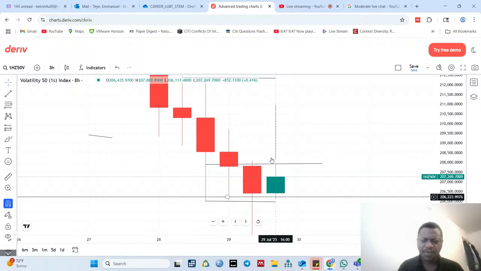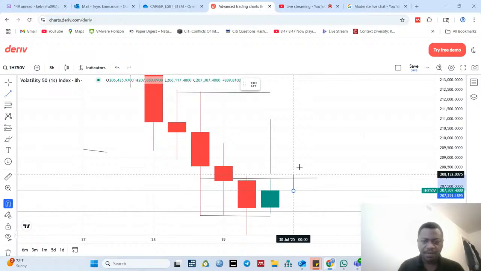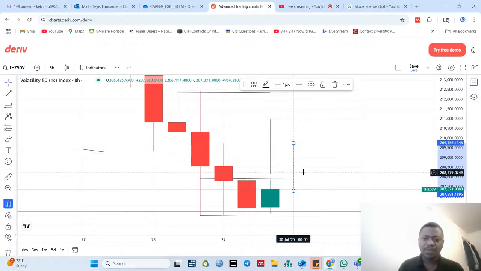Okay, a reversal pattern. And therefore, the next 8-hour candle that will open here, after it has given us a retest, that could be a perfect candle for me to enter for a buy.